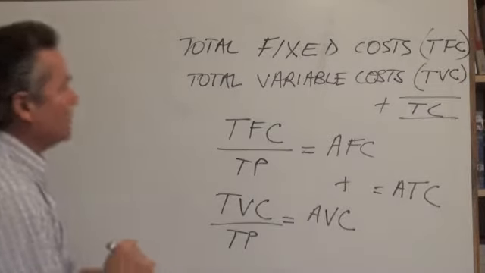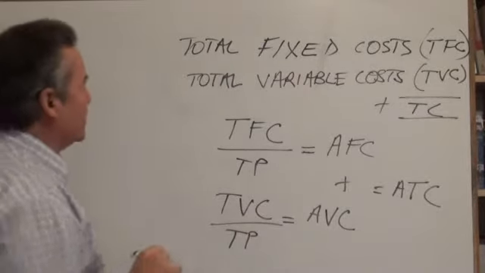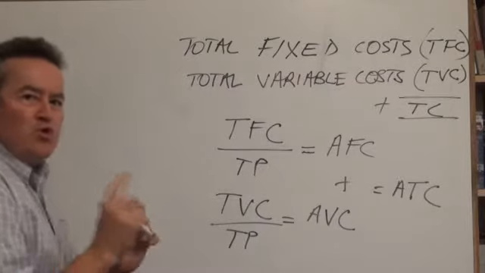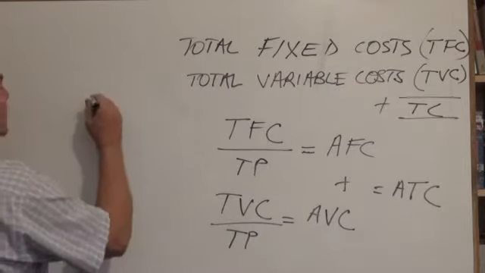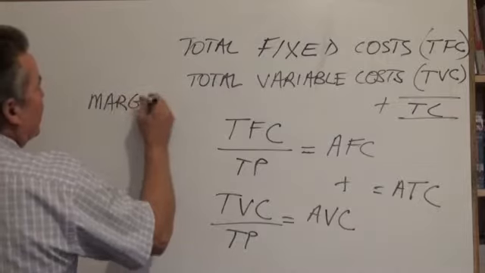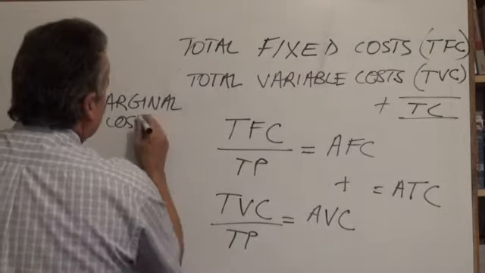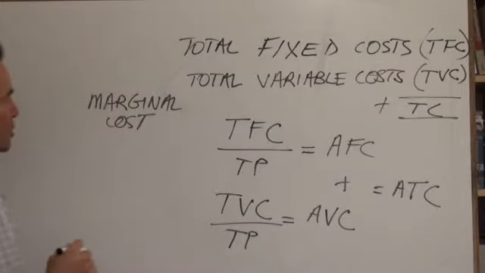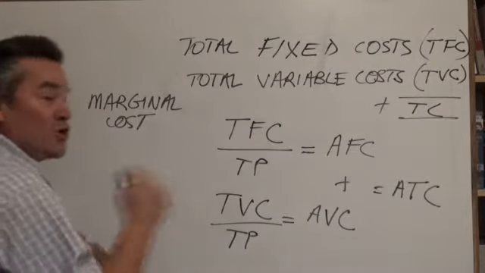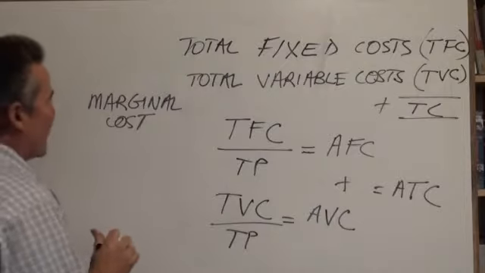We need one more really, really useful tool for our analysis, and that of course is marginal cost. What's the addition to total cost of producing one more unit of output?